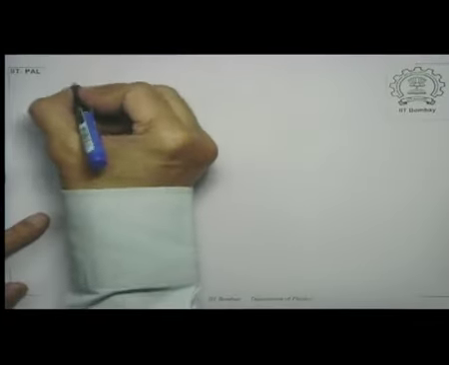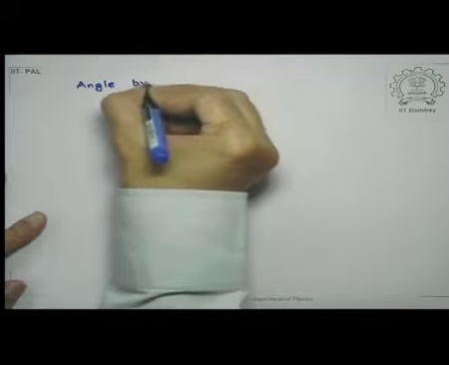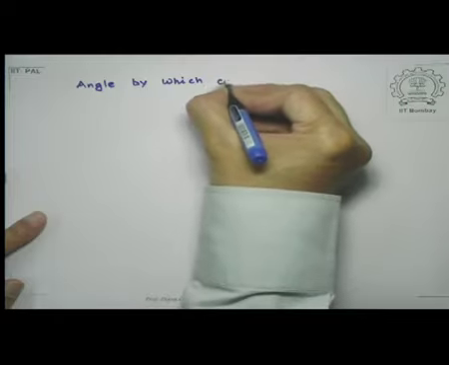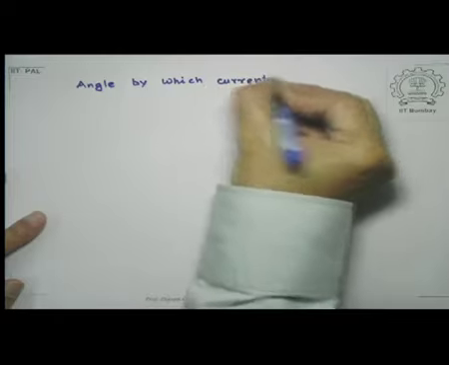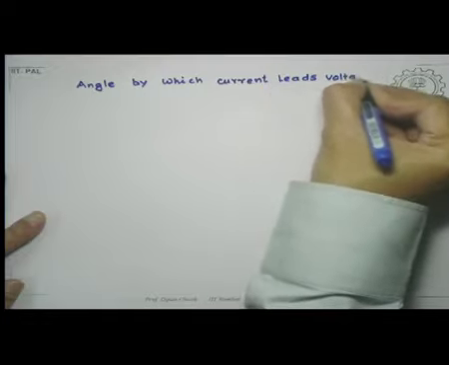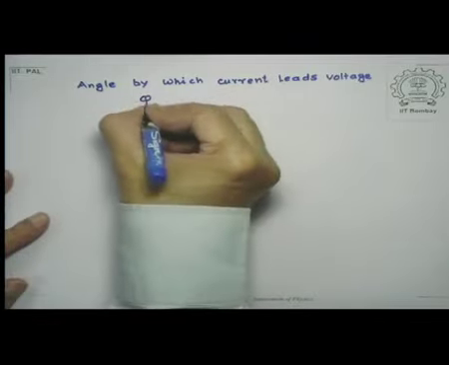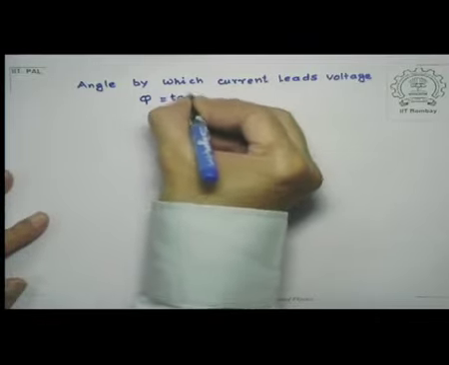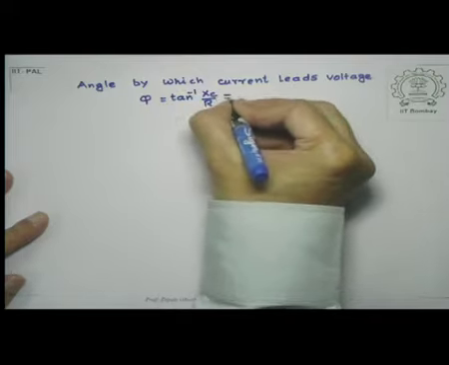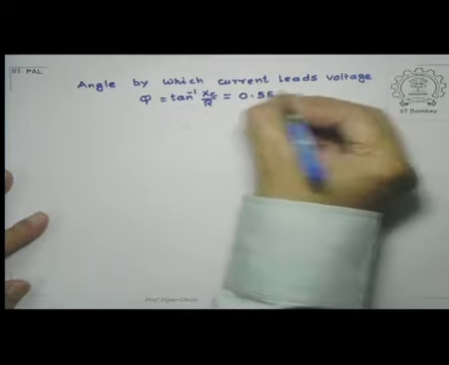Now the angle by which the current leads the voltage is given by phi equal to tan inverse of xc over r, and if you put in the numbers and look up a trigonometric table, it works out to 0.58 radians.